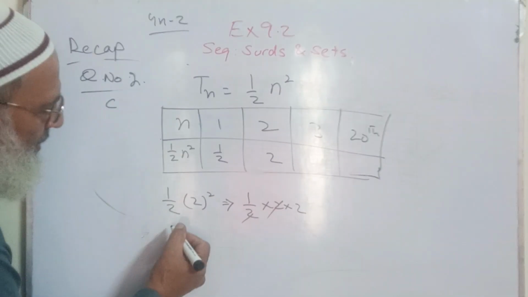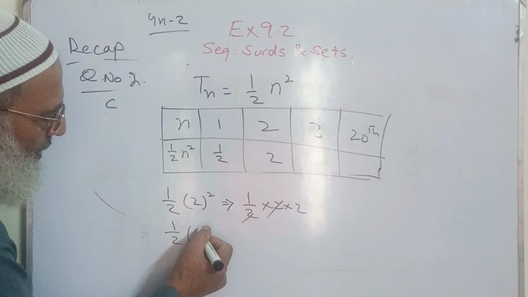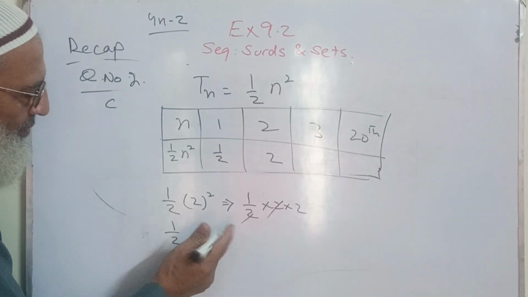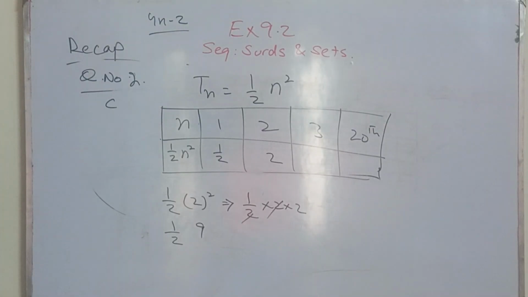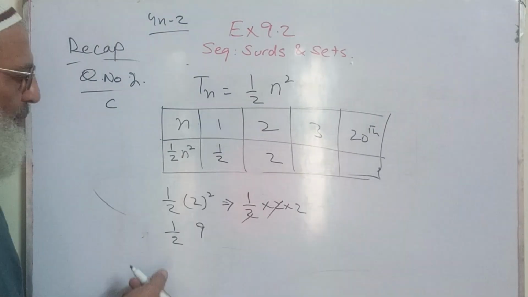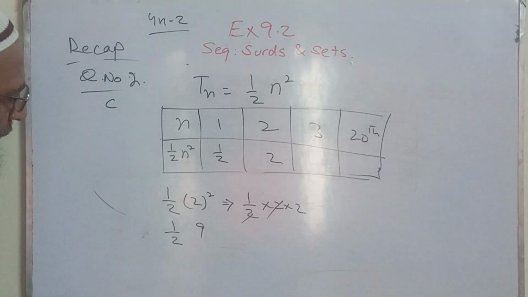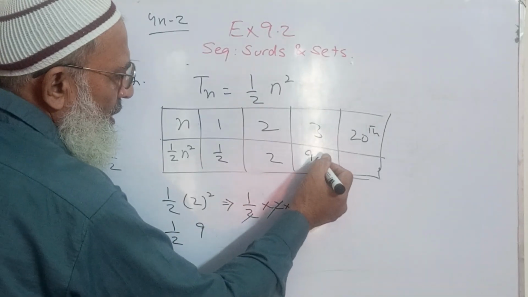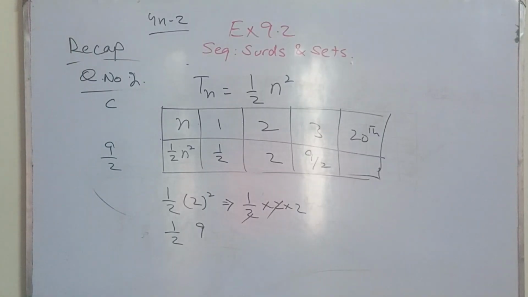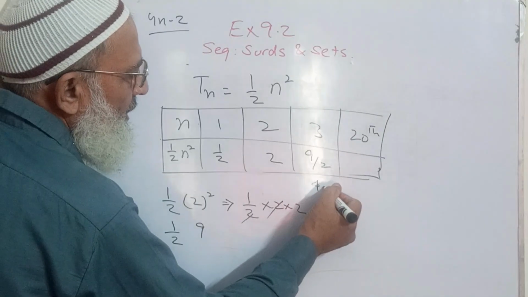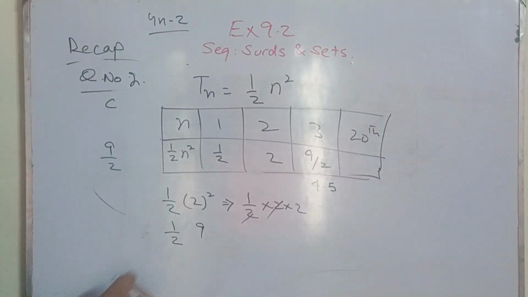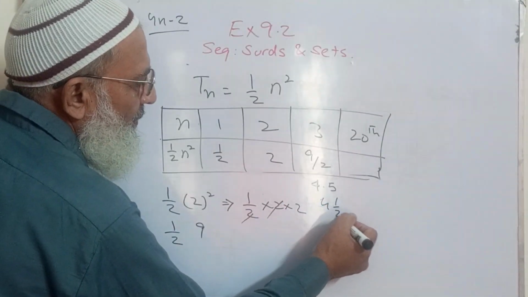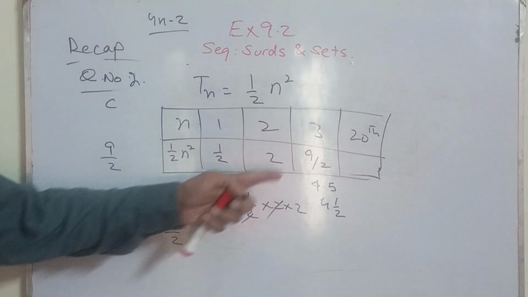And for the third, 1 by 2 of 9, because when you square 3, it will become 9. It will be 9 upon 2. There are three ways of writing it: 9 upon 2, or 4.5.